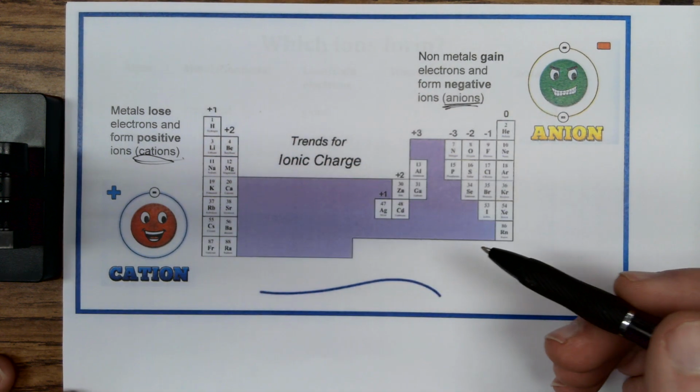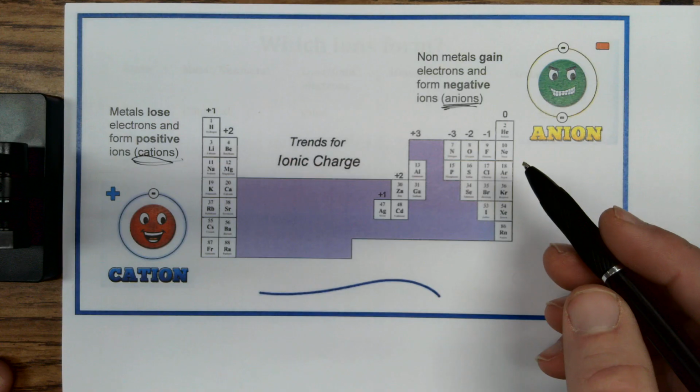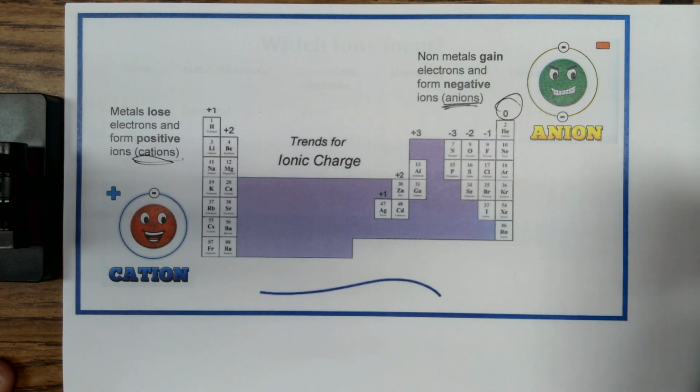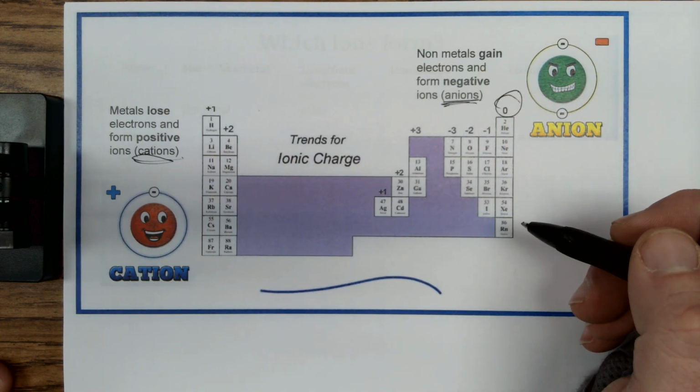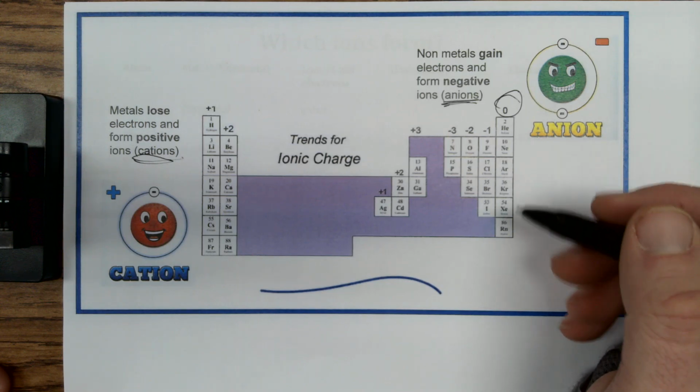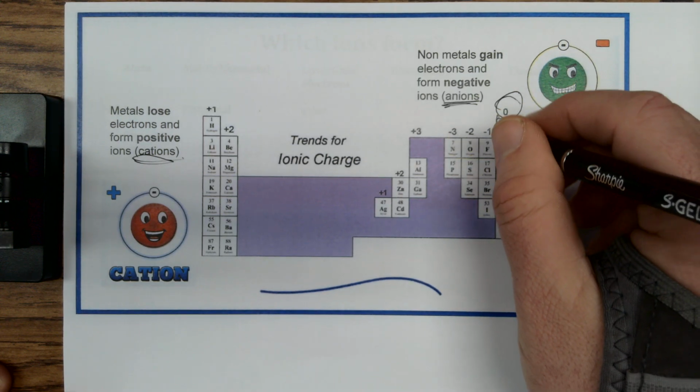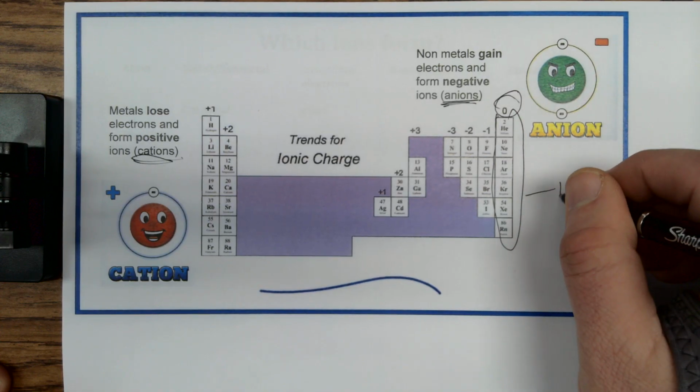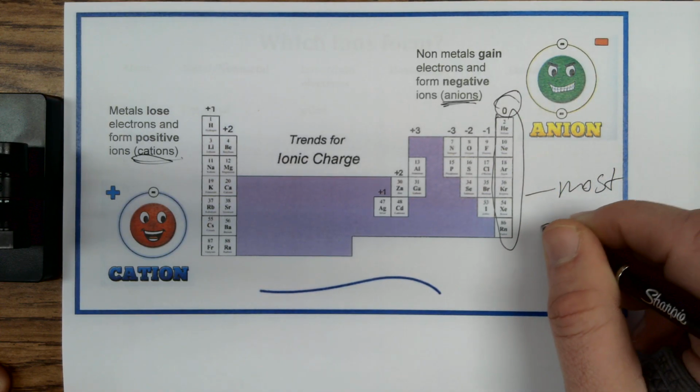And here's just some basic trends that happen throughout the periodic table. Notice how my noble gases don't want anything to do with losing or gaining electrons. They are happy. These guys right here are the most stable on the periodic table.